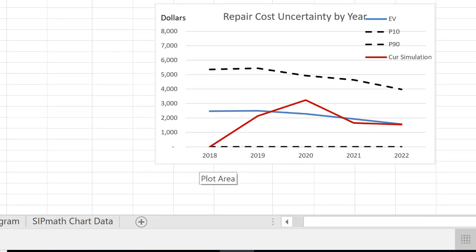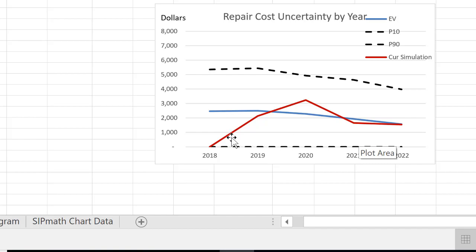And finally, down here, this is showing the repair cost uncertainty by year. This is the expected. And this represents the P10 outcome. So there's a 10% chance that we won't have any costs in any given year. And there's a 10% chance that it could be as high as $5,000 drifting down to 4,000.